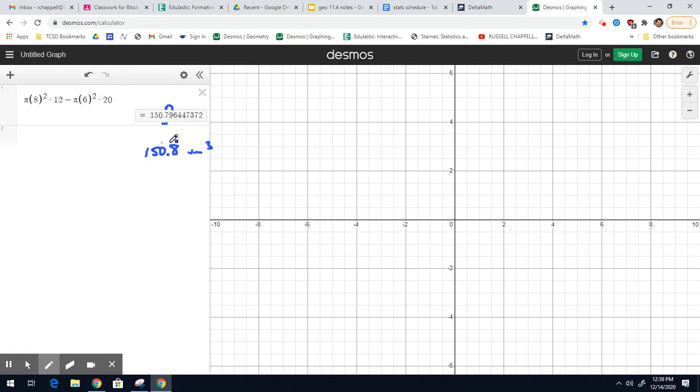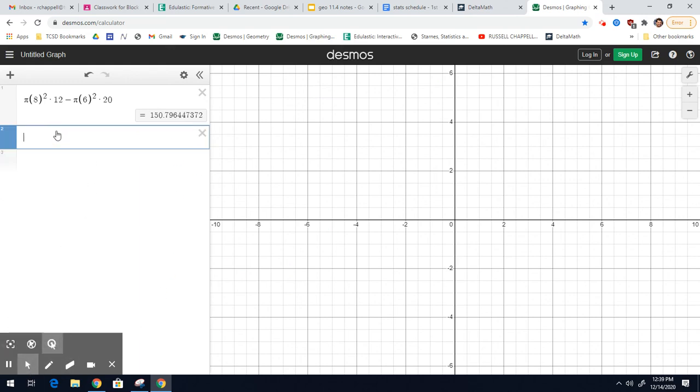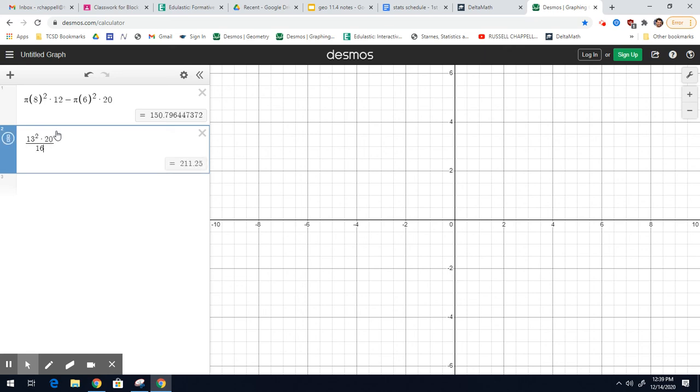So let's take a look here. All right, so we're going to do a fraction. I'll do 13 squared times 20. Notice I don't need the parentheses, really. 16 squared times 19, and that's all times 100.